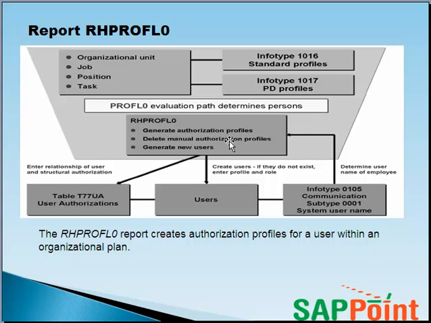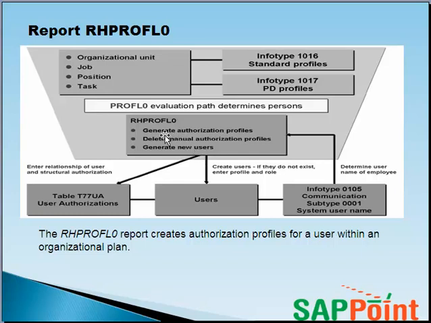Now the system then checks whether the users already exist in the system or not. Users meaning the user IDs of the persons that have been determined by the PROFL0.